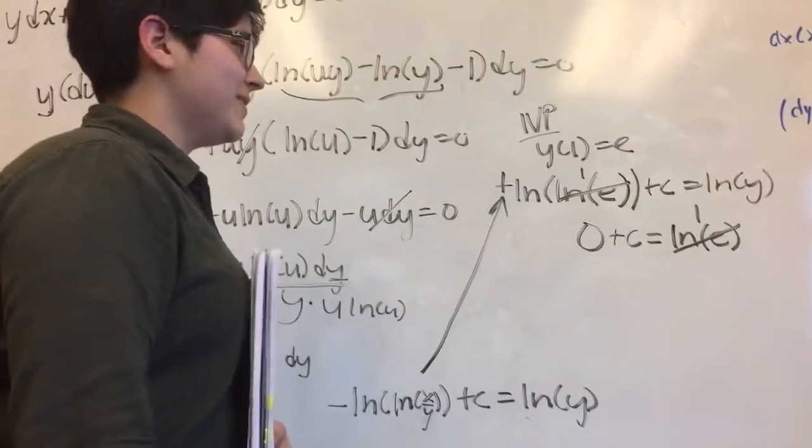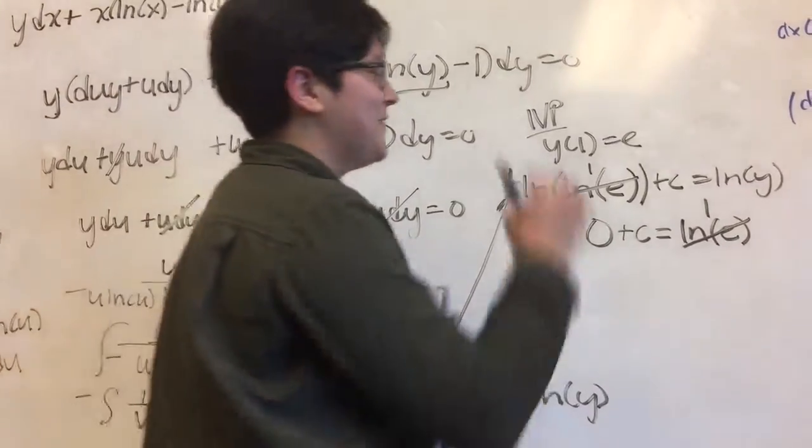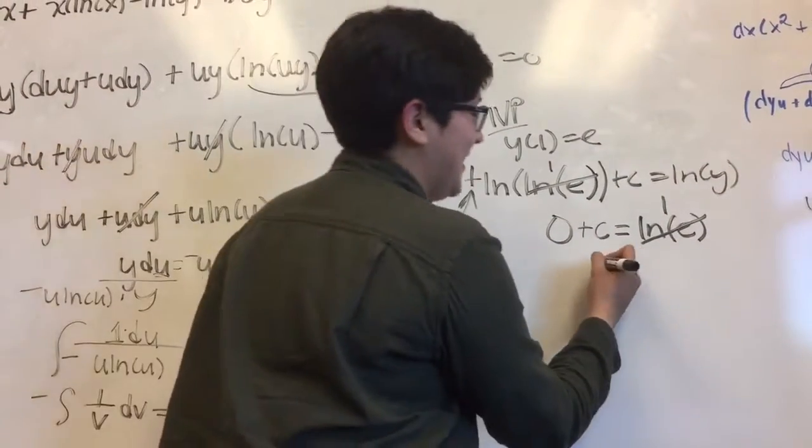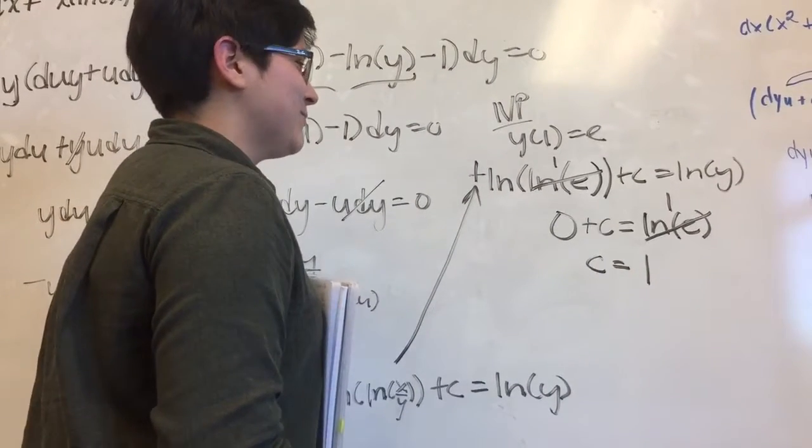Did I do something wrong? Because last time when I did it, okay, you know what, we're just going to go with it. So we get that c is equal to 1.